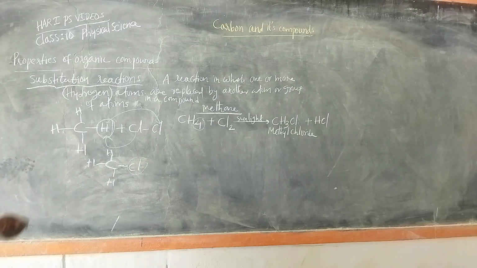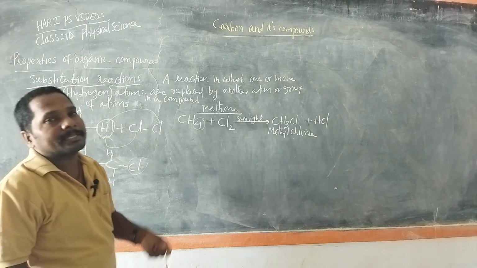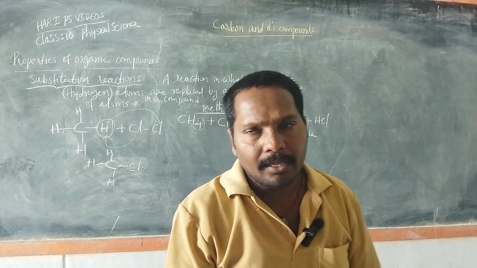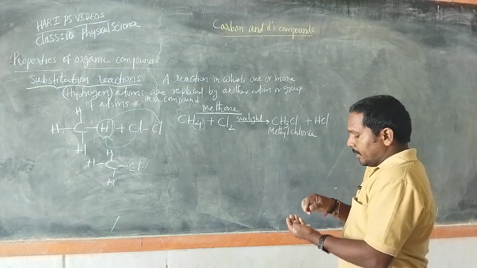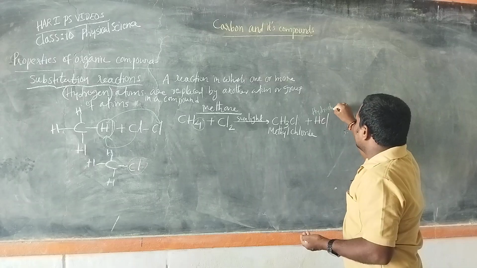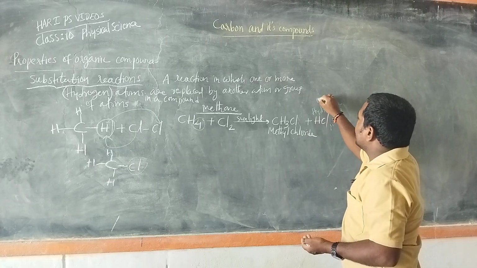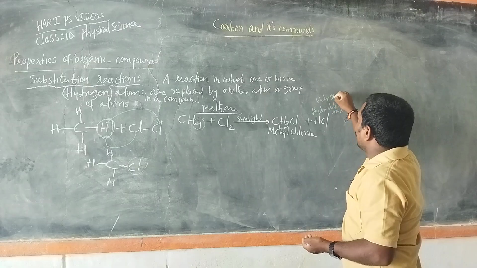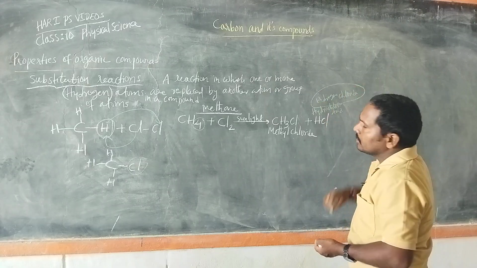So what happens here? One hydrogen atom is replaced by chlorine. It gives methyl chloride plus hydrochloric acid or hydrogen chloride.